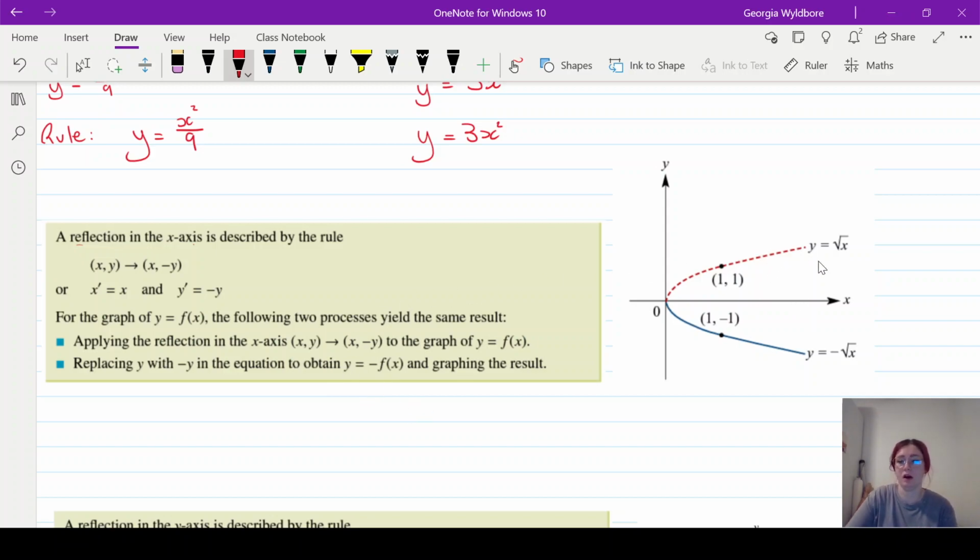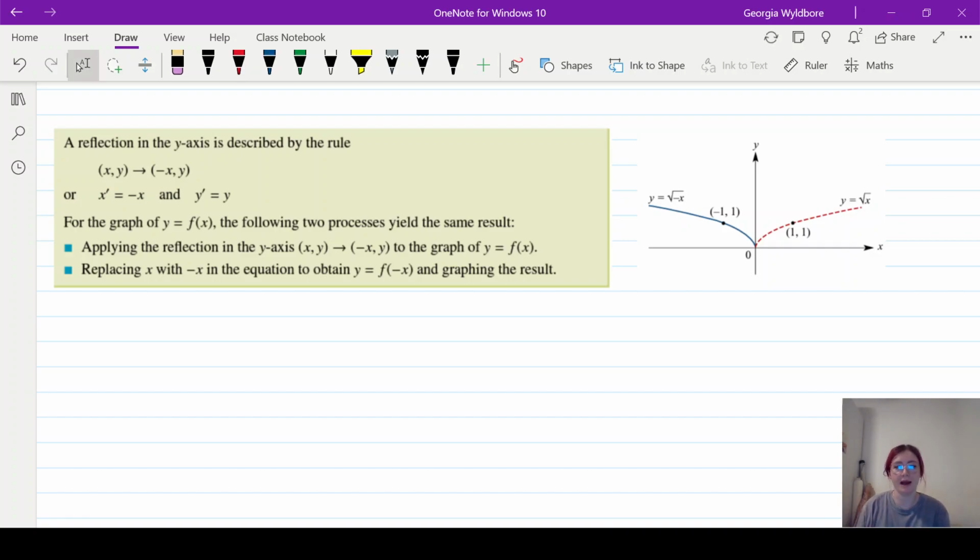So over here, our example, we had as an original equation y equals negative root x. We wanted to reflect that in the x-axis, so we've applied y equals negative of negative root x, which is just going to become y equals root x, which is what we have up here.